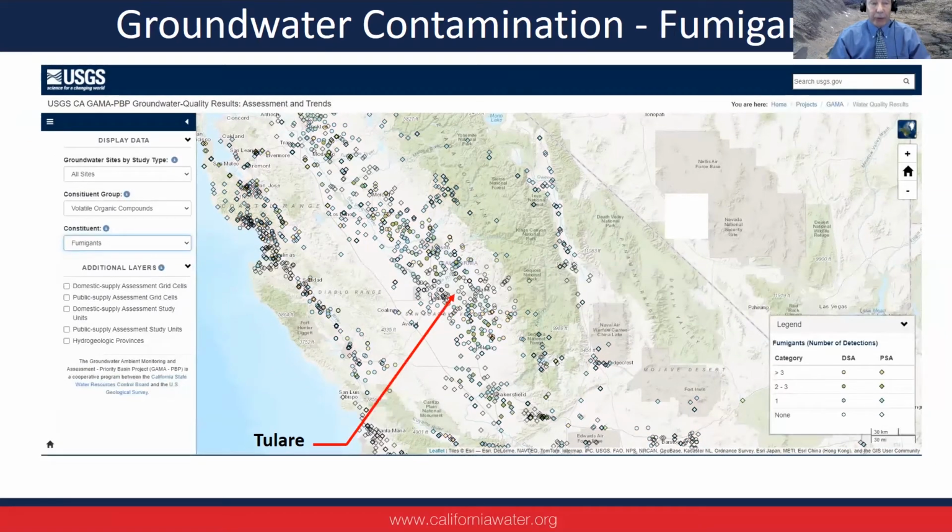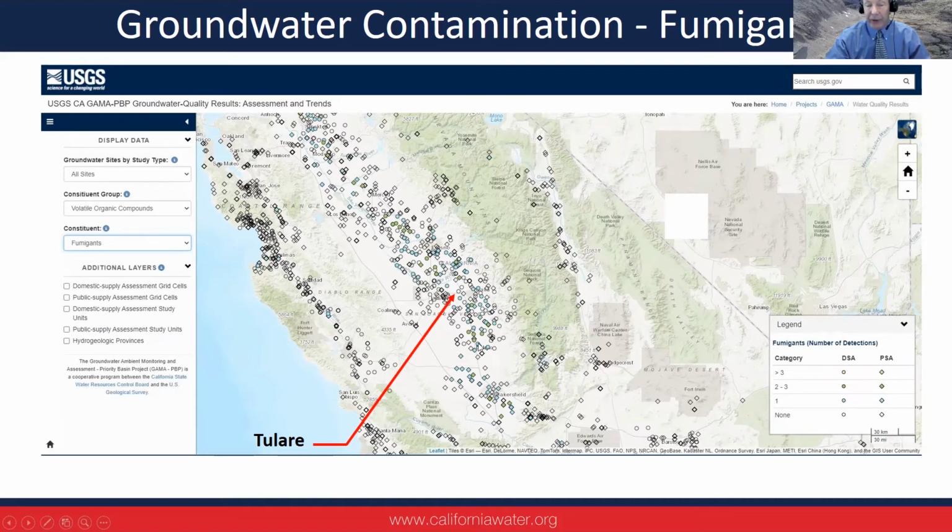The second one we're going to talk about are fumigants, and these happen to be those DBCP and 1,2,3-trichloropropane types of contaminants. You can see that they are, again, both private wells and public wells, and the colors range from clear, to cyan, to green, to yellow.